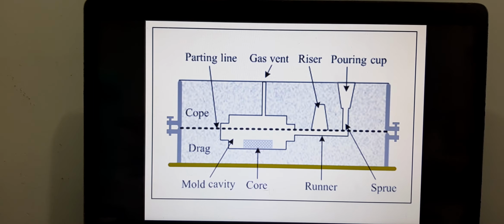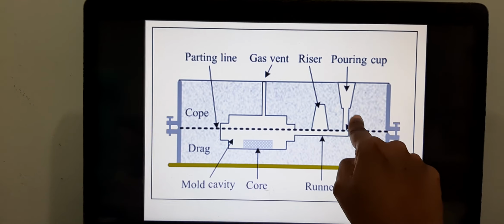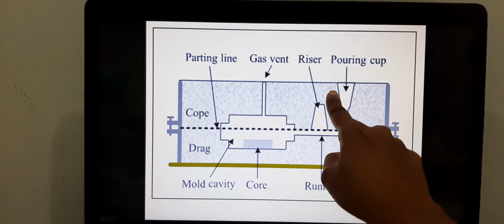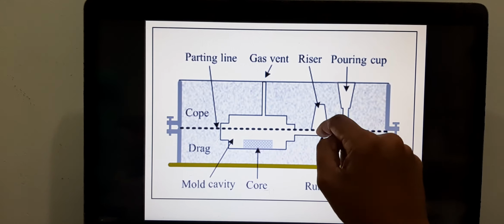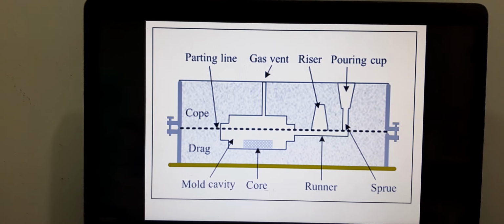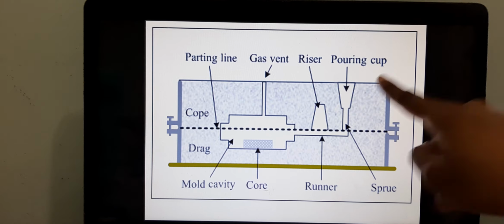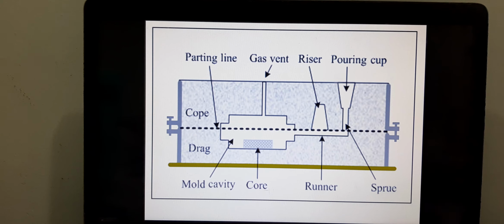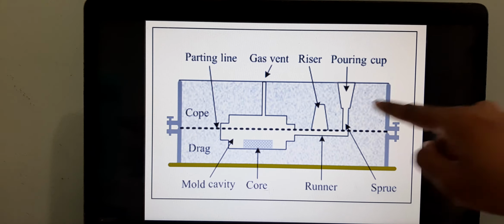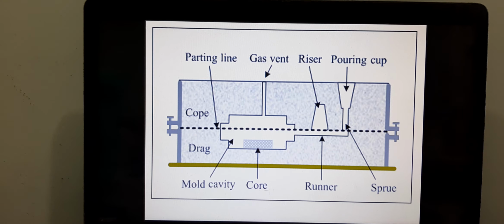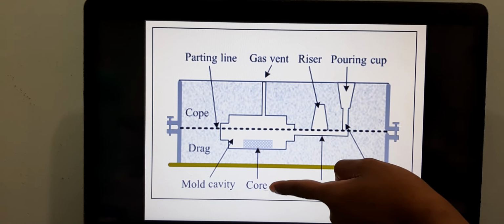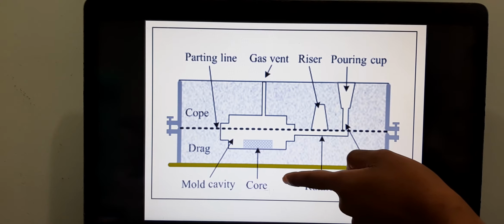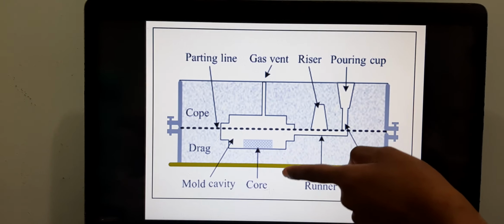Once you've compacted the sand all around, and the sand has followed the shape of this sprue and the pouring cup, then you can remove the sprue pin, because you need an empty cavity for the liquid metal to flow. Once you've formed it, you can remove the sprue pin. A core is to create a hollow casting. If you want your casting to be hollow, you can use a core.